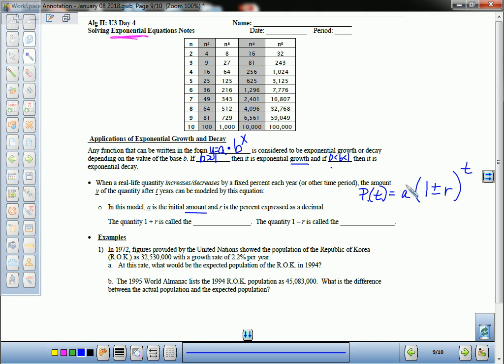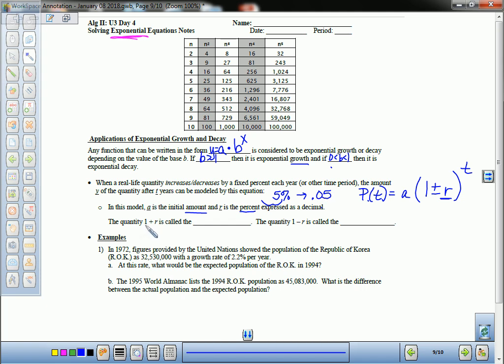So when we do this, the rate that is a percent, we need to always change that to a decimal. Now remember, if we had 5% and we rewrote that as a decimal, we'd move the decimal twice, so it'd be 0.05. So when you plug the rate into these equations, make sure you do change that percentage to a decimal.